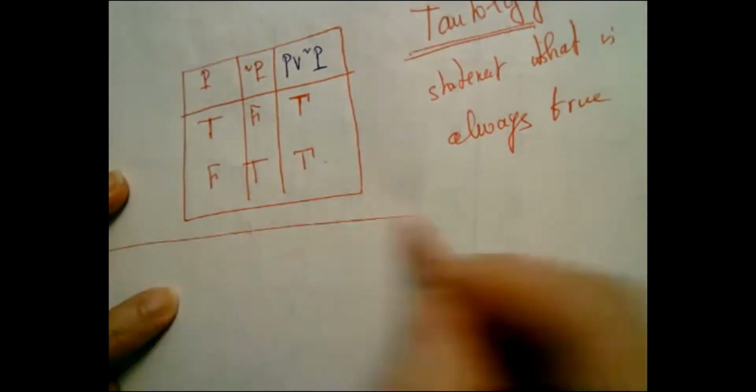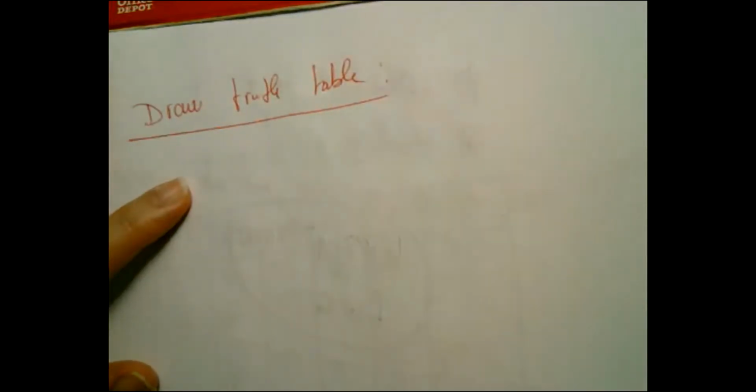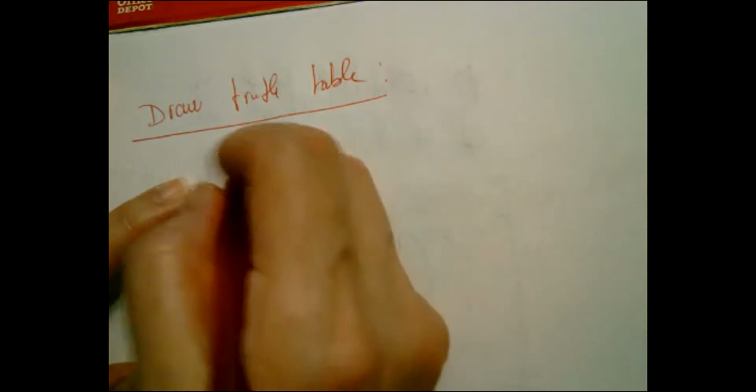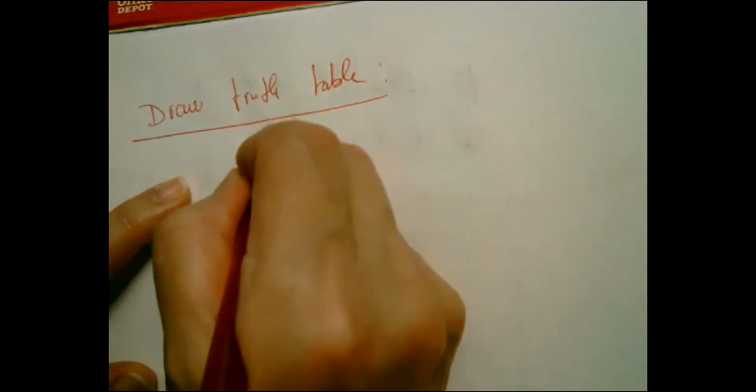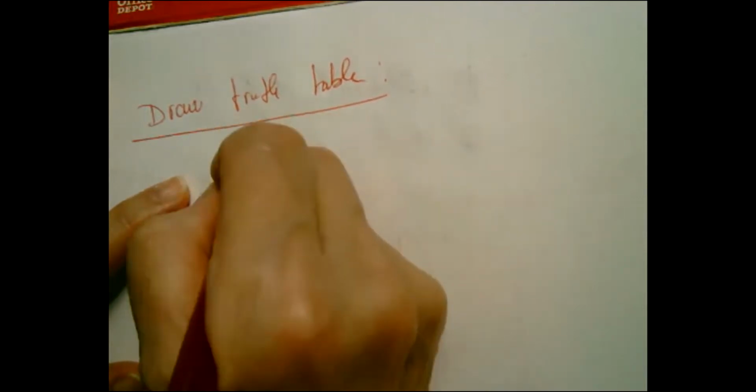Now let us have the truth table of something that has more than 2 components because we have to know them. So suppose now I have 3 statements, P, Q, and R, and I want you to just draw the truth table of P or Q, and R. Parentheses are crucial.